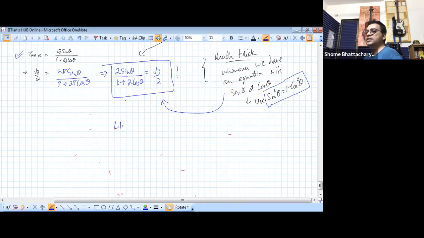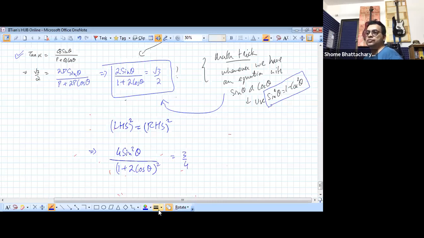So left hand side whole square is equal to right hand side whole square. First do this step. So we will get 4 sine square theta upon 1 plus 2 cos theta whole square is equal to 3 by 4. Right, this is clear.